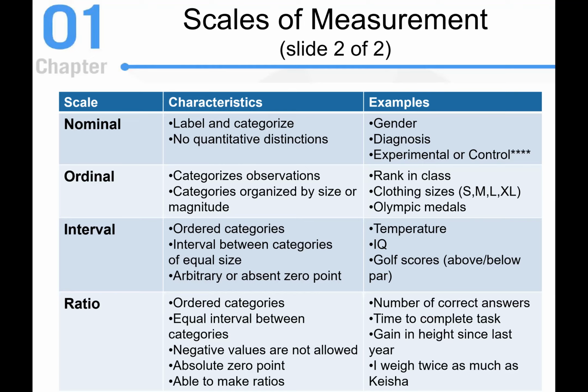The control group are people who are not going to get anything. They're not going to get the experiment or the treatment or the drug, right? When we put somebody into one of those groups, those are just categories. They're labels. You are in the experimental group or you are in the control group, all right? So that would be a nominal variable.